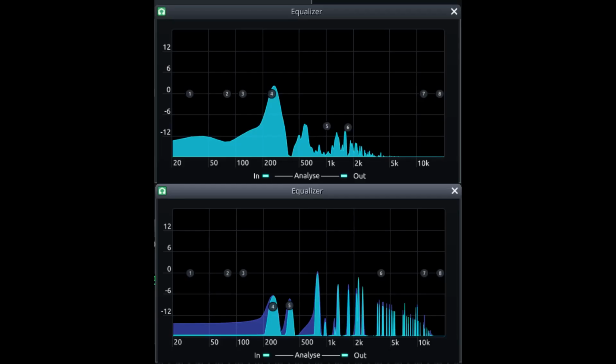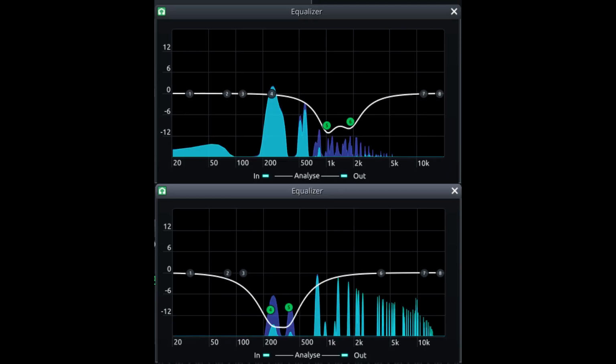And say one of those instruments has more stuff around the 500 hertz area, and the other instrument has more stuff at around the 1000 hertz area. Well, with the 500 hertz instrument, you could use an EQ to reduce the volume of some of the frequencies around 1000, and then for the instrument playing at around 1000-ish, you could use an EQ to reduce some of the volume at around 500, because the thing about frequency masking is the closer the two instruments are to the same volume, the more frequency masking is going to occur.